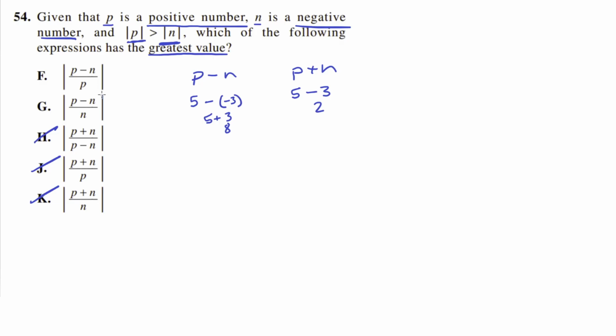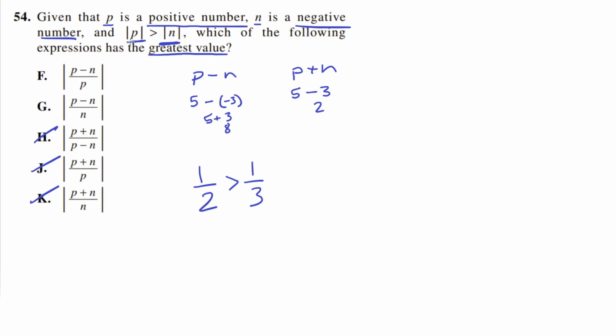And when we have a fraction, if we want that fraction to be large, we want the denominator to be small, because numbers with smaller denominators are greater than numbers with larger denominators. So ideally we want the smaller number in the denominator.